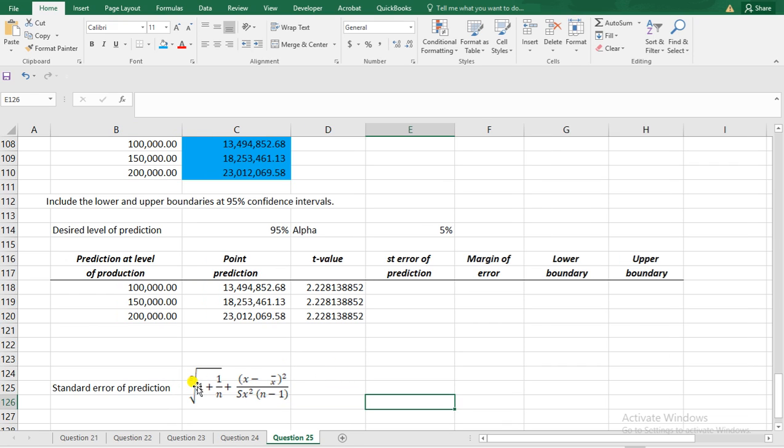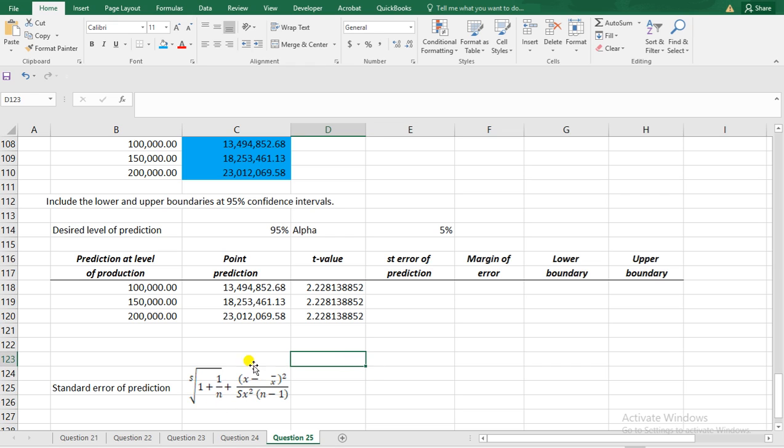S stands for standard error. Then 1 plus 1 over n, where n is the number of data values, plus x, the actual input, minus x bar, the average or mean, squared. The s here stands for the standard deviation squared, times the number of data values minus 1.